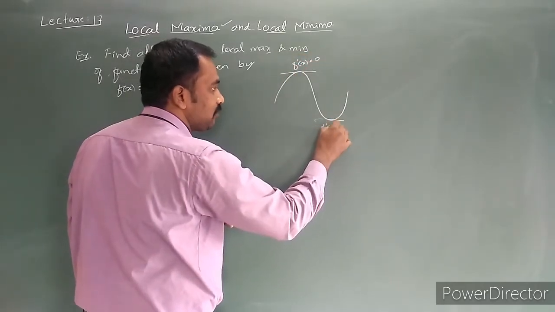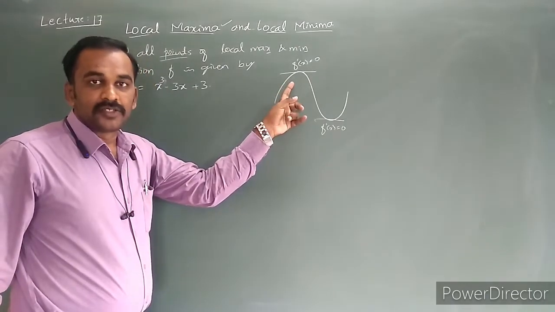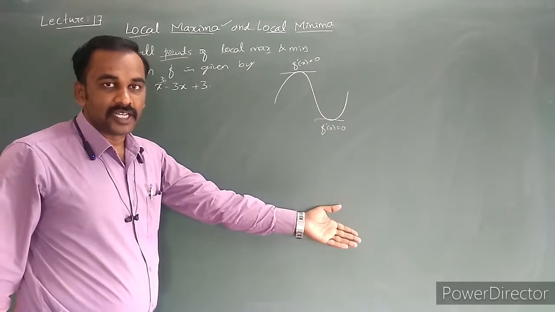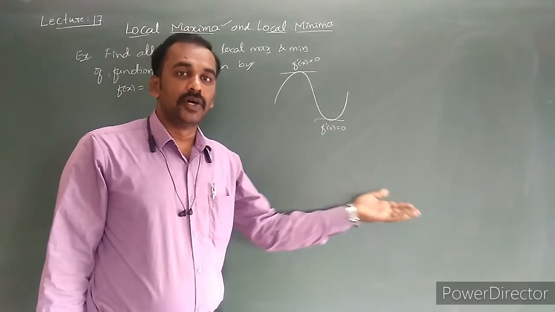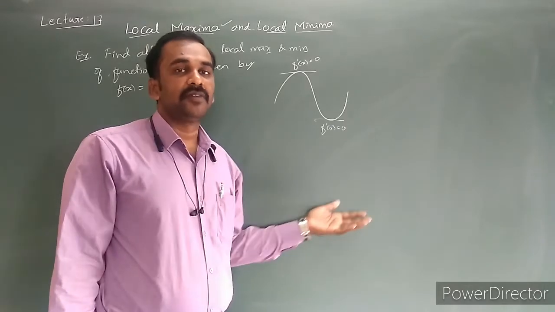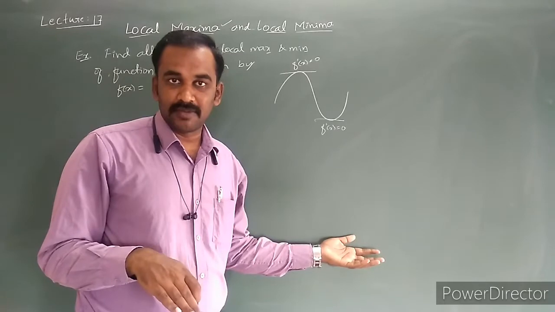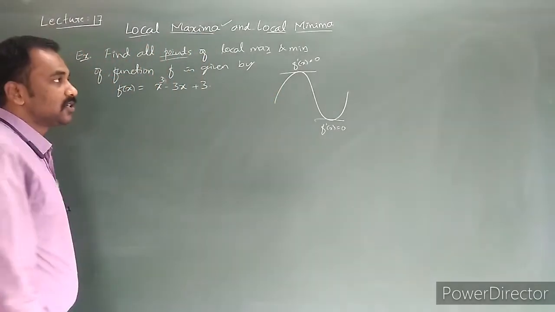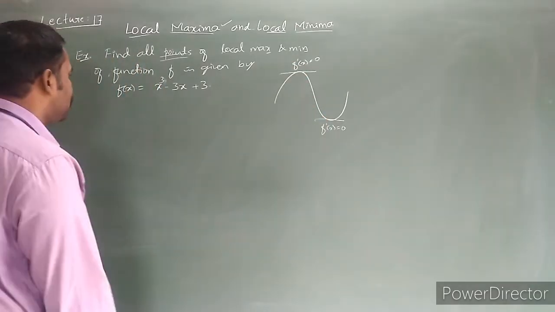The function has a local maxima or local minima only if f dash of x is equal to 0, or else it is not differentiable at x equal to c. It must have f dash of x equal to 0, because it goes from increasing to decreasing, that condition you have to get.